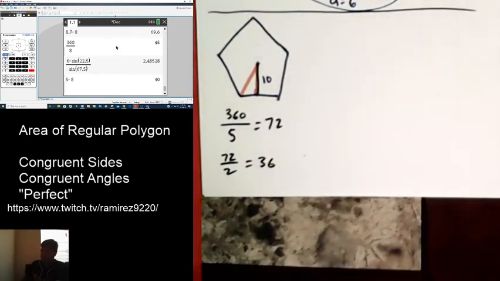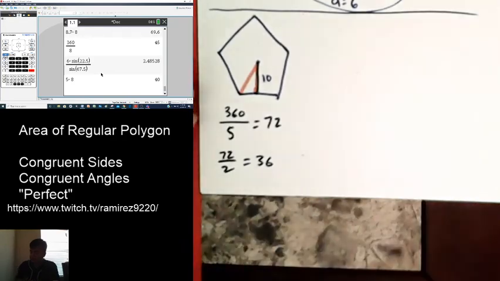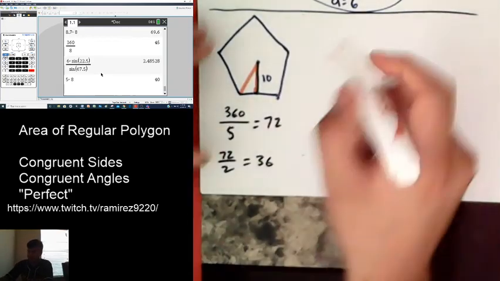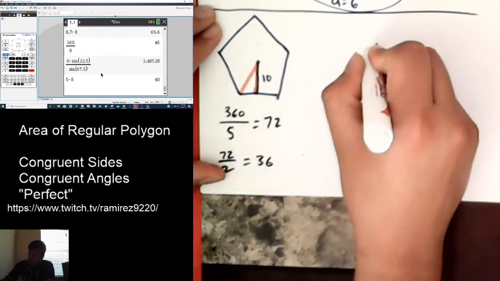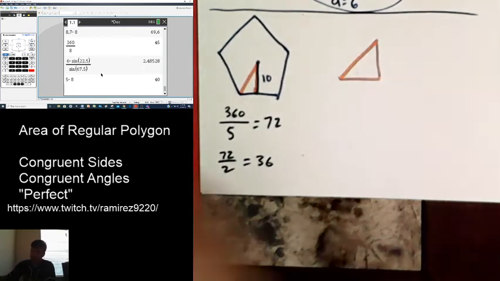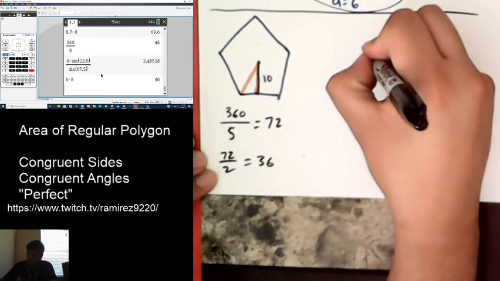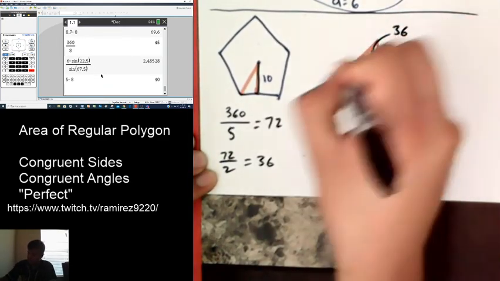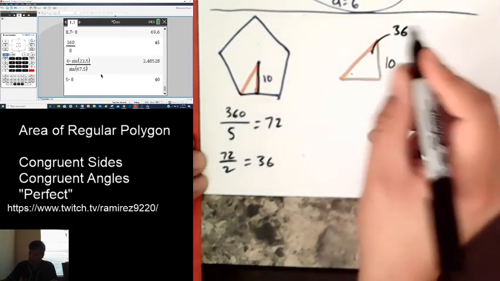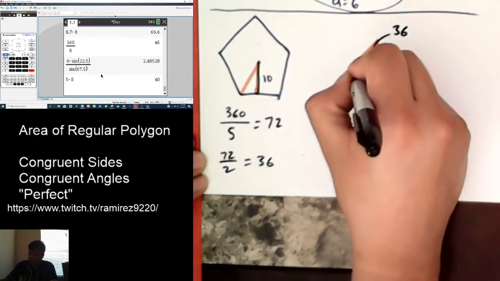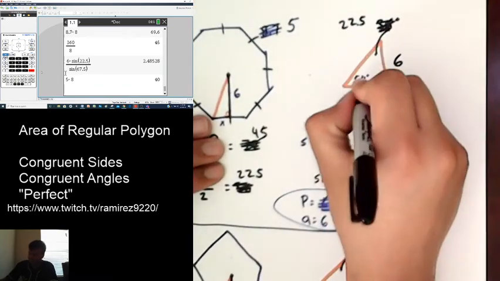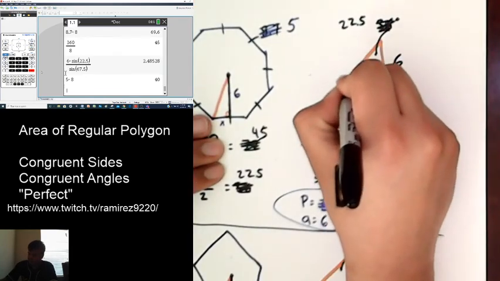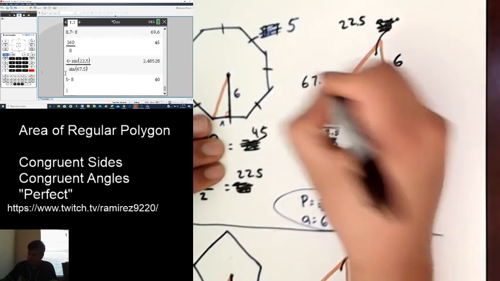Okay. So again, it's the same thing, okay? We have our triangle. This is 10. This right here is 36. This right here ends up being 54. And this right there is 67.5.